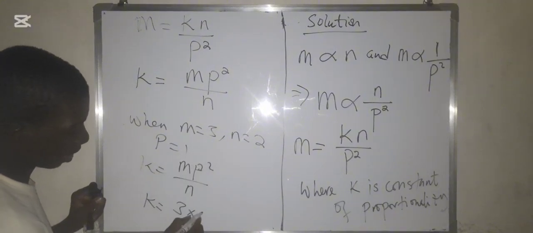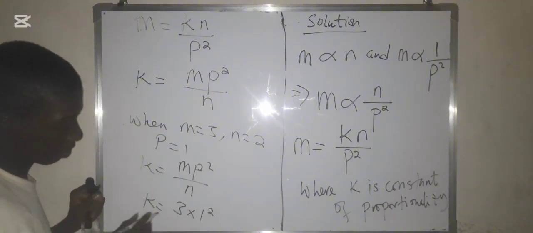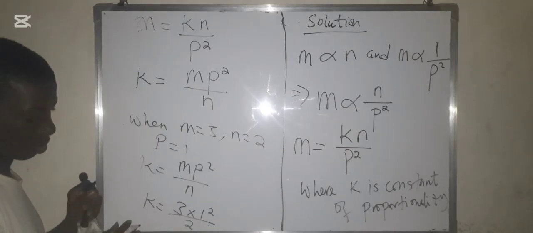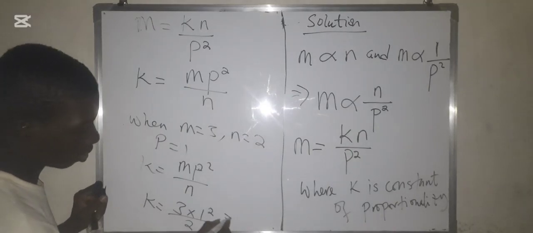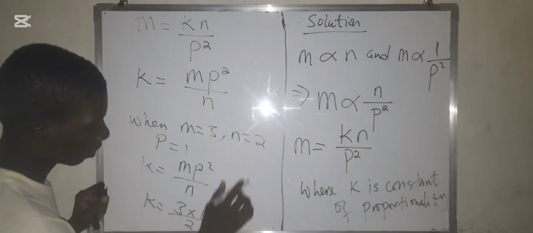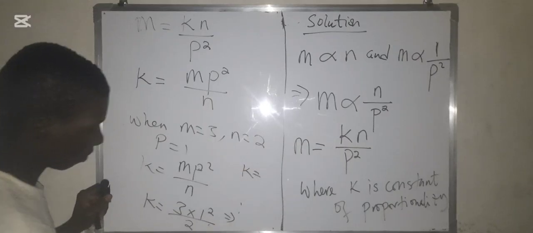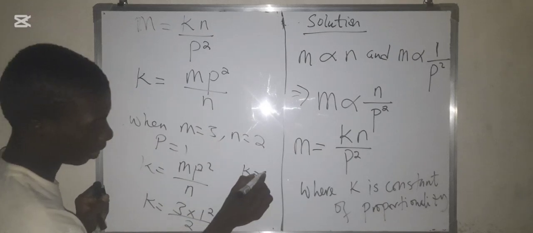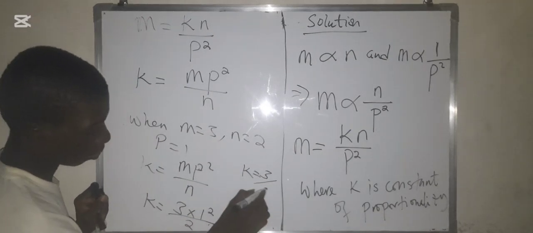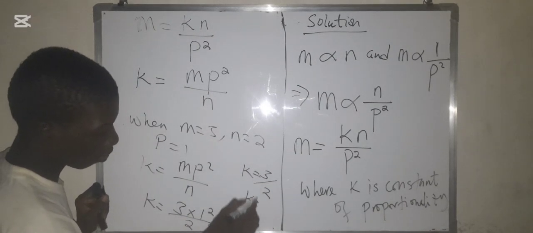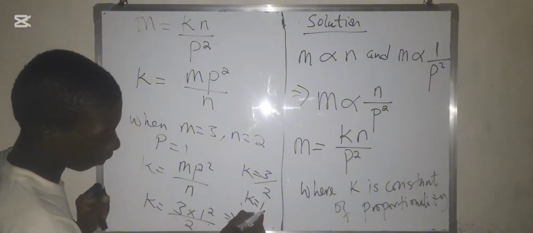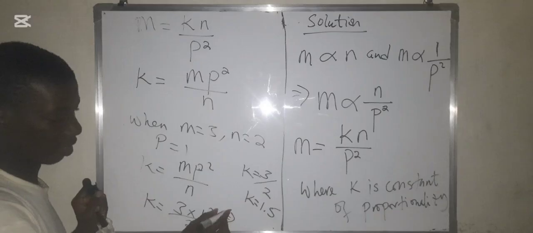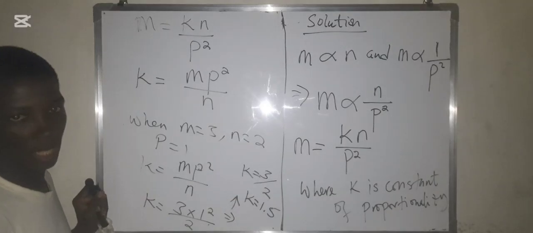P is 1 square, all over, what is our N? Our N is 2. So now this gives us K equals 3 times 1 square. 1 square is 1, that is 3 times 1 gives us 3, all over 2. That means K equals 3 divided by 2, which is 1.5. Now the value of the constant is 1.5.